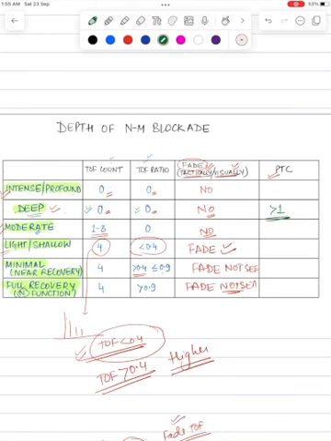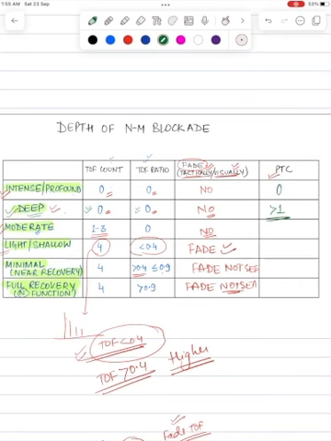So if during neuromuscular monitoring you see that the TOF count is 0, the TOF ratio will naturally be 0, but you switched over from TOF to the post-tetanic count pattern of stimulation, and you saw that the post-tetanic count was, let us suppose, 2, then you can safely say that the patient is in a deep block.